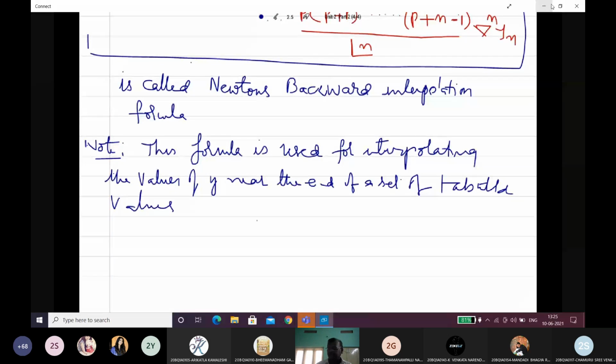This is the important point related to the backward formula.